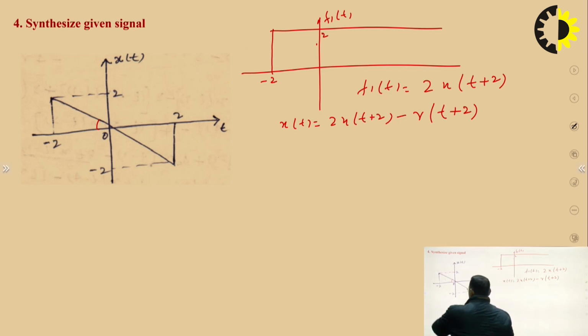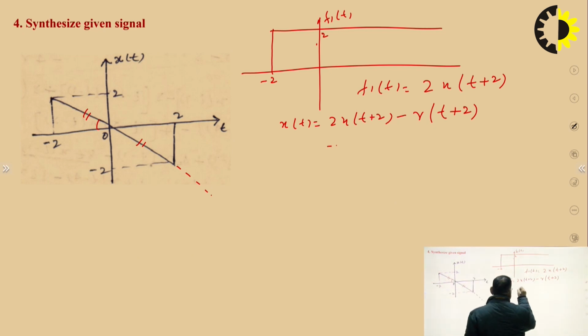It is an advanced ramp here with negative slope, and this line is going on because the slope of this line is the same. At t is equal to 2, if we add a positive ramp here, the line will become horizontal, or the slope will become 0.